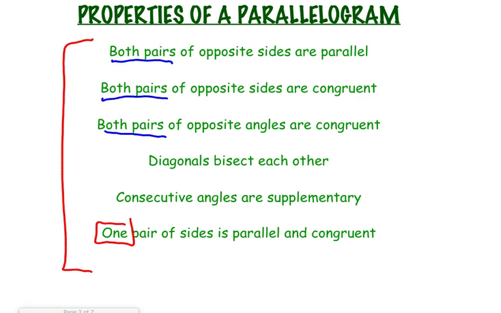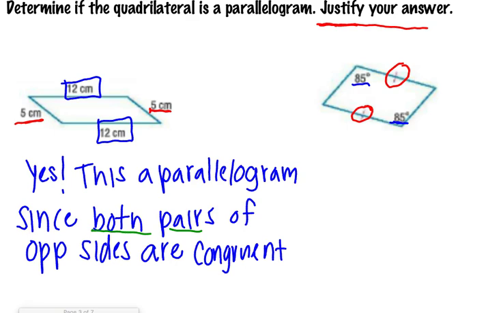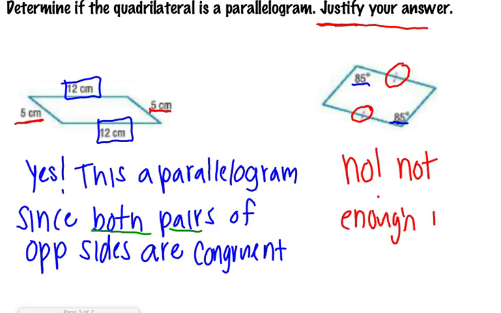Well, I would need both pairs of opposite angles and both pairs of opposite sides. So we are going to say a big old no. Not enough info. We need more. It could be, but we don't know for sure.